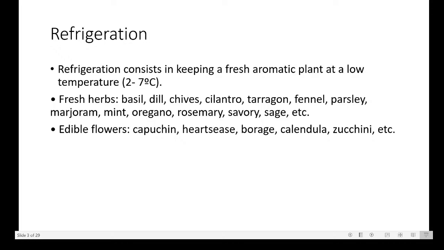The plants that release a smell are the main ones we need to maintain in a refrigeration condition. This is refrigeration. 2 to 7 degrees Celsius is not a deep cool condition. It's a light cool condition.